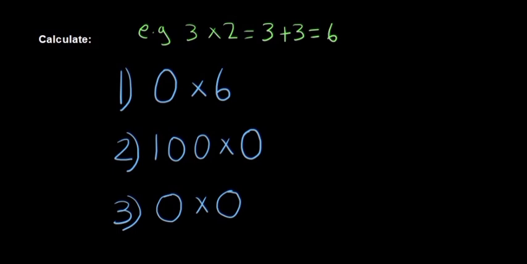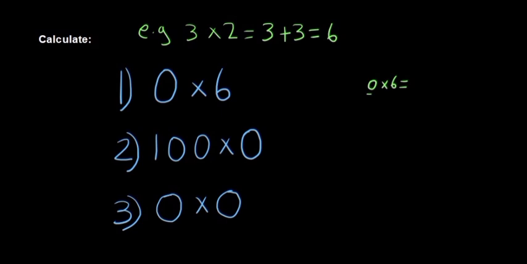So what is a 0 multiplied by a 6? So this is saying add a 0 6 times. So you're adding 6 zeros.